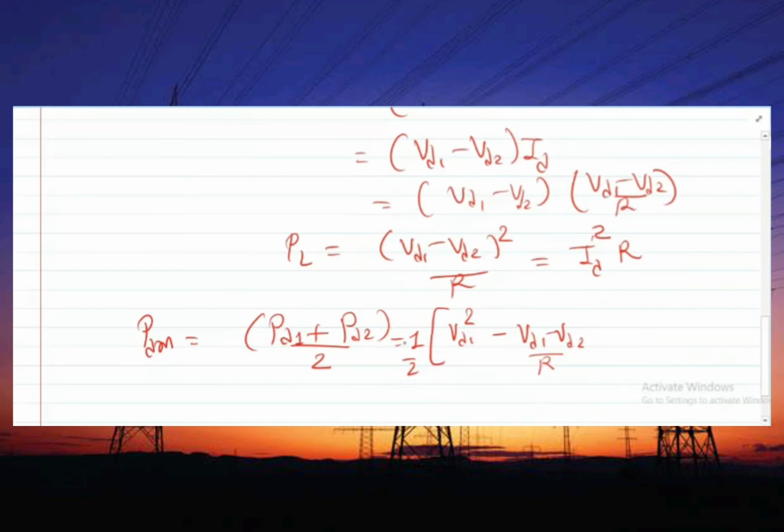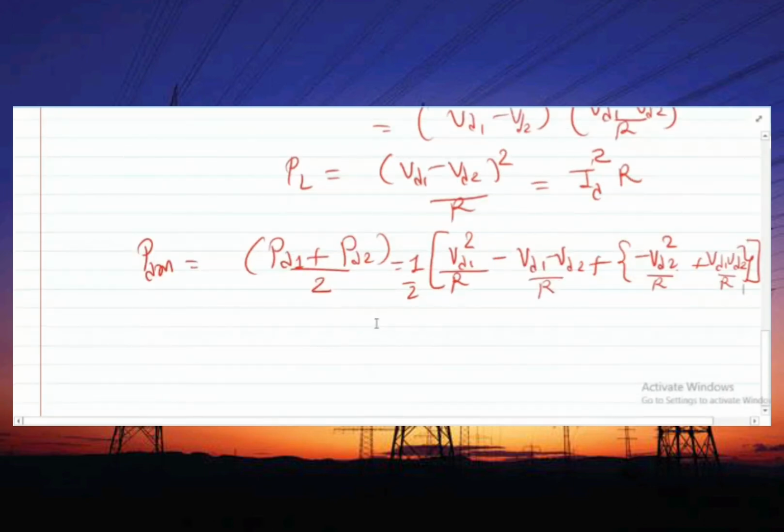The first term is VD1 square divided by R. Now the value of PD2 is minus VD2 square divided by R plus VD1 VD2 divided by R. If we simplify this equation, you will get the result in terms of VD1 square minus VD2 square divided by 2R.